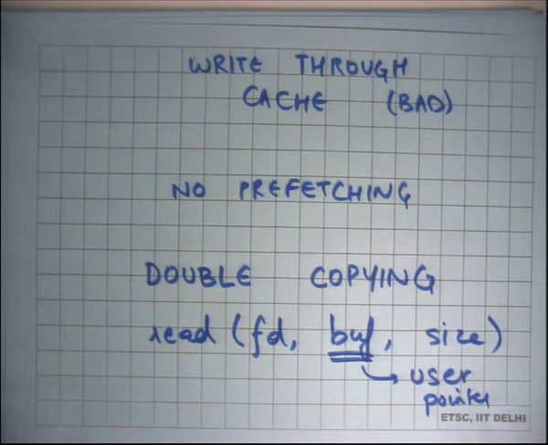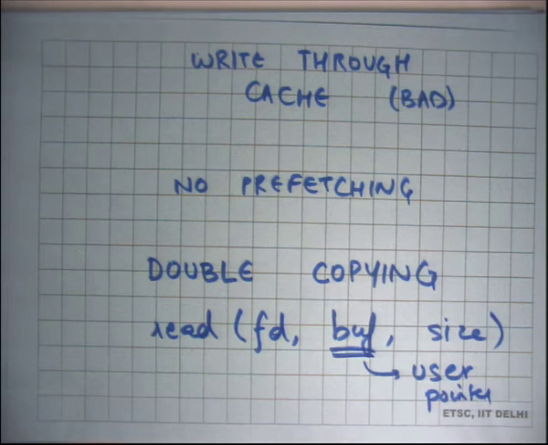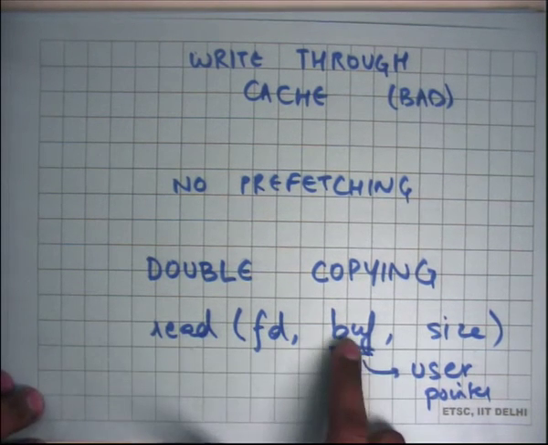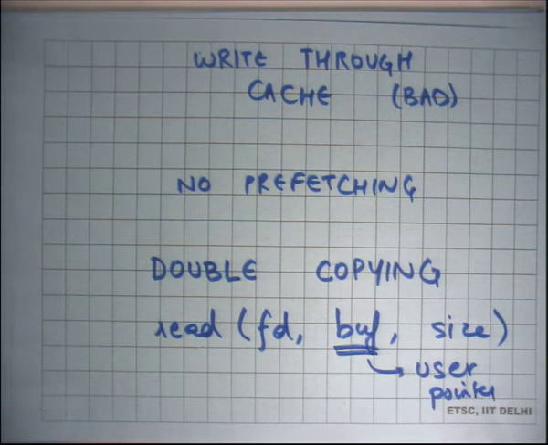Think about 10 gigabit networking. If this file descriptor was not pointing to a file on disk, but to some network device, and you wanted to read data from it at a very fast speed, then you're first copying it to the buffer cache and then copying it to the user space. Could you have done better? Well, one way is, when the user says read fd buff, I take this pointer and pass it all the way to the disk driver.